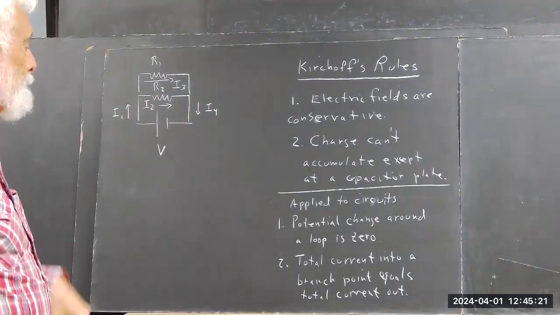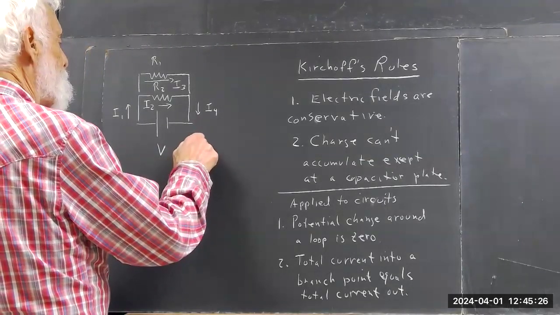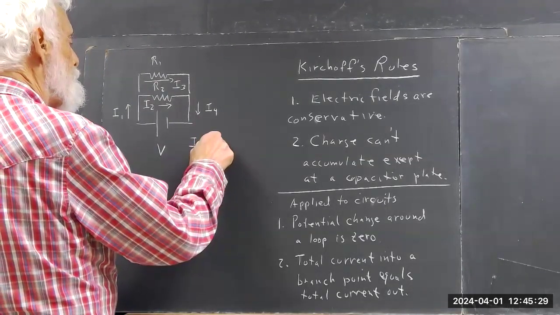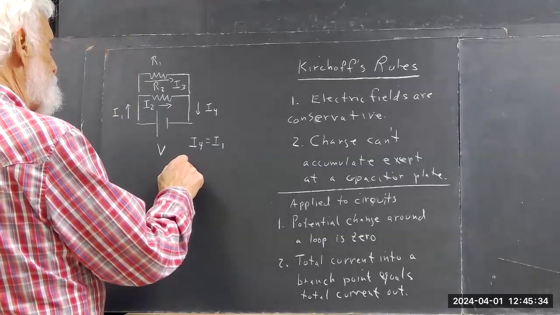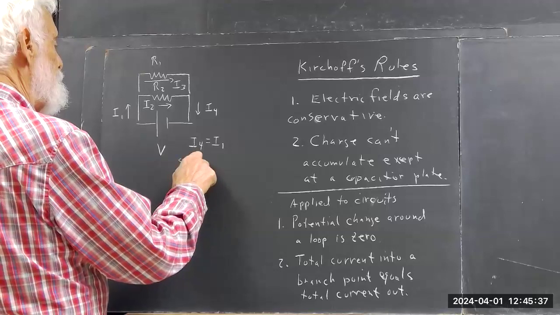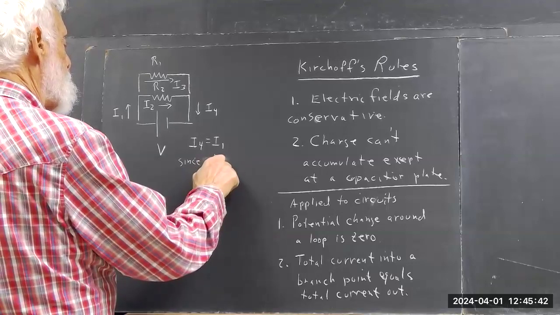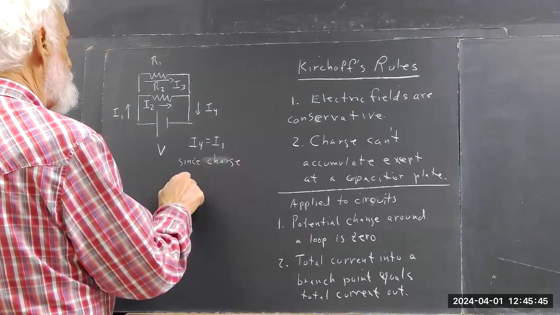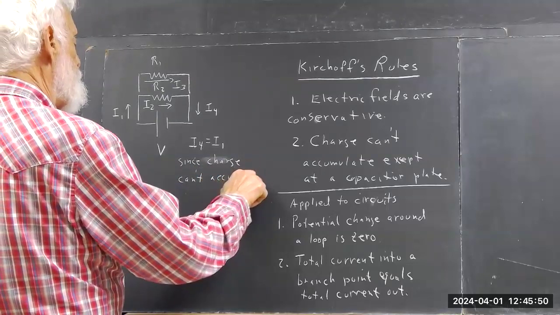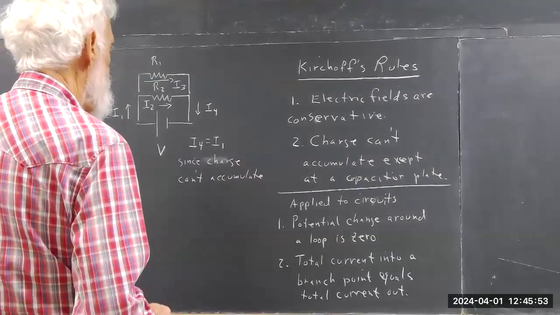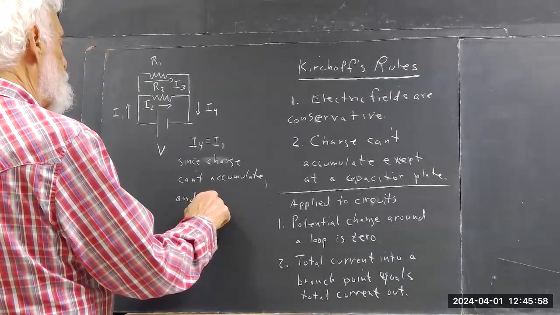So we can say that I4 equals I1. Currents can't accumulate and there's no branching.